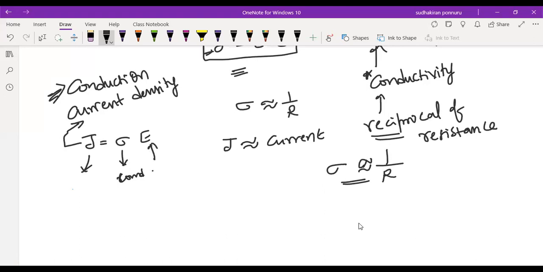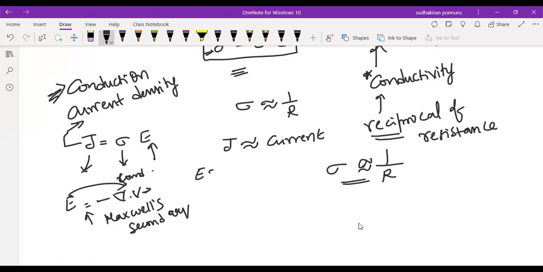And what is E? E is equal to minus del V, which is derived from Maxwell's second equation. So E is directly related to V. What is V? V is nothing but potential or voltage.